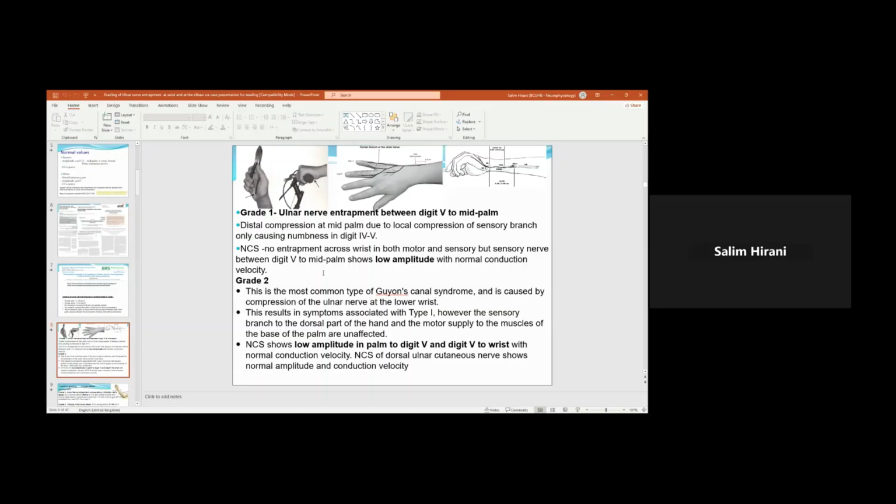So nerve conduction normally shows low amplitude in digit 5 and digit 5 to wrist with normal conduction velocities in sensory, and nerve conduction of the dorsal ulnar cutaneous nerve shows normal amplitude and conduction velocity.